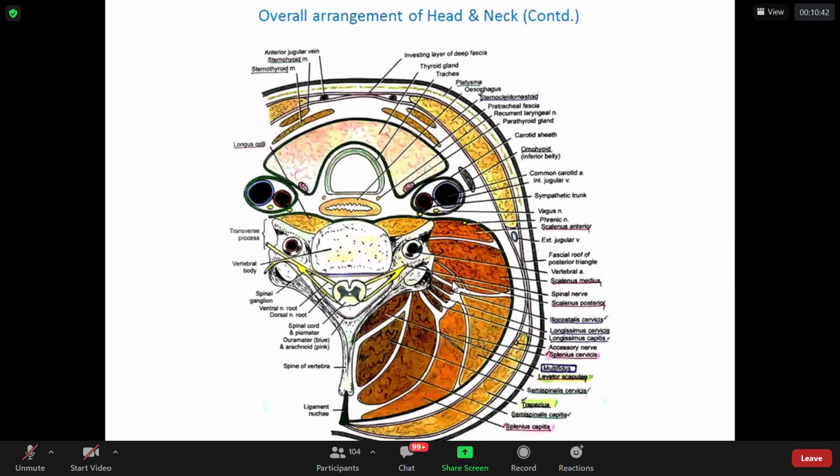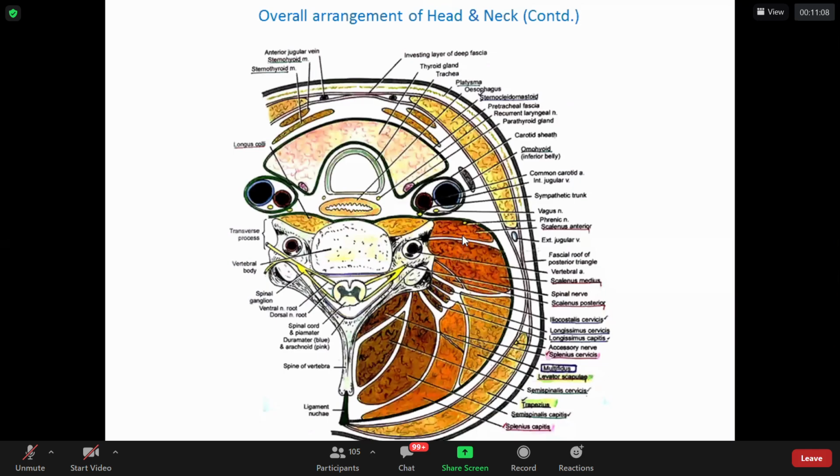This is the scalenus group, this is the splenius group, then this is the erector spinae group of muscles, and these are the semispinalis group, semispinalis capitis and cervicis, and finally the multifidus. So we will not consider these two as the deep group of muscles of the back.